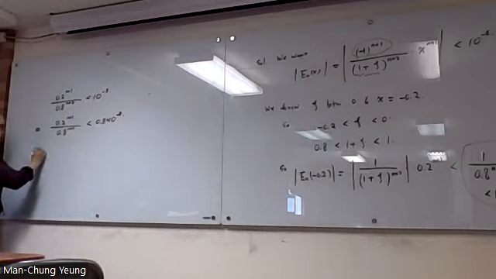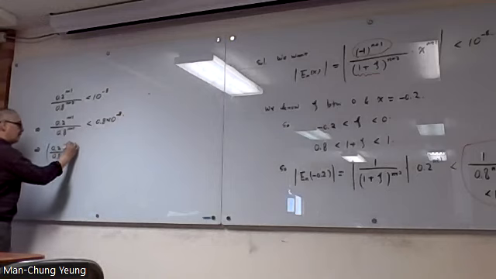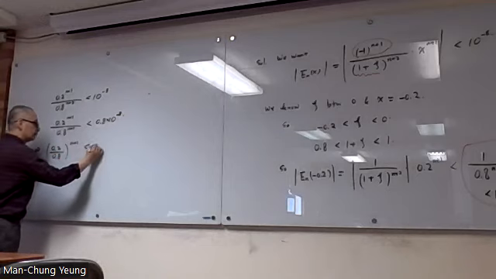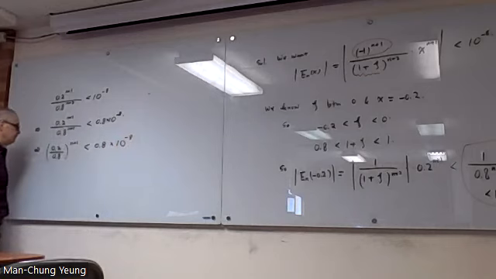Then this is 0.2 to the n plus 2 over 0.8 to the n plus 1, less than 0.8 times 10 to the negative 8.